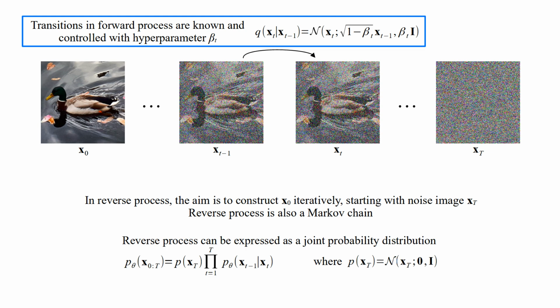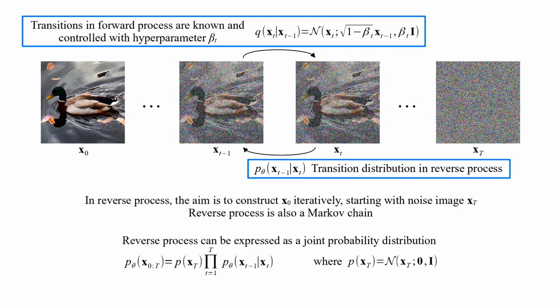Reverse process can be expressed as a joint probability distribution. X capital T is sampled from standard Gaussian distribution. P theta of xt minus 1 given xt is a transition in reverse process.